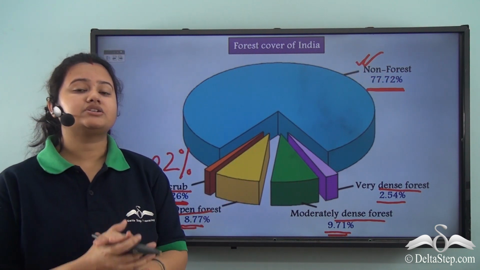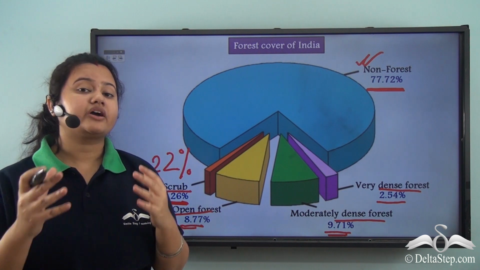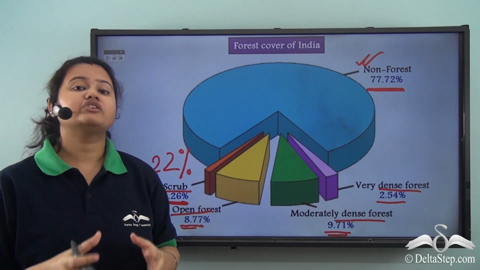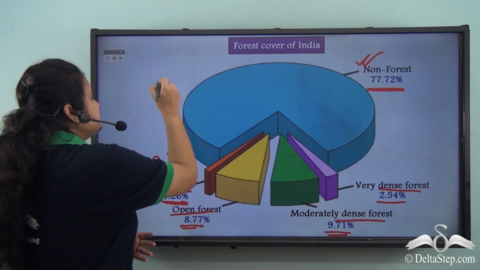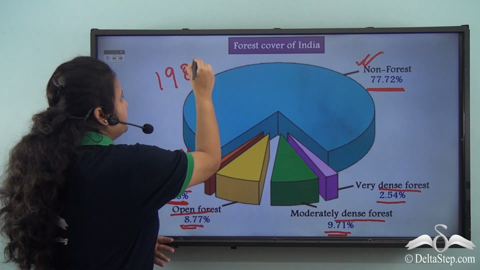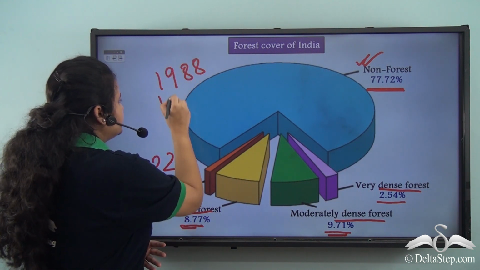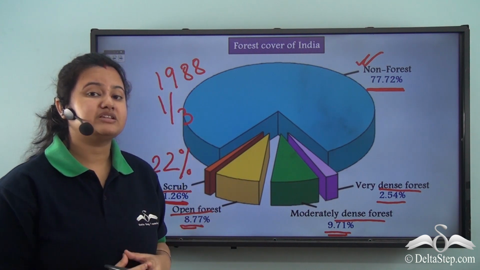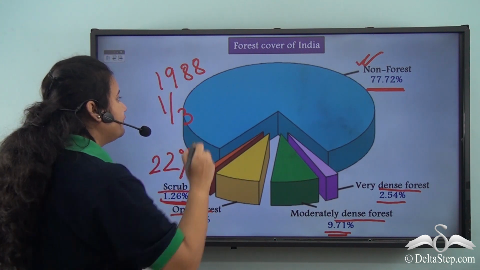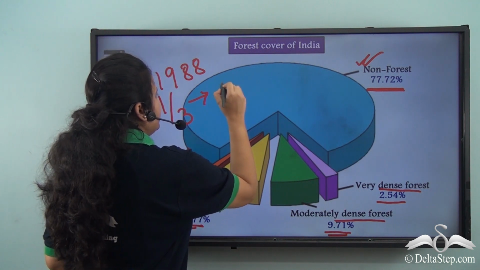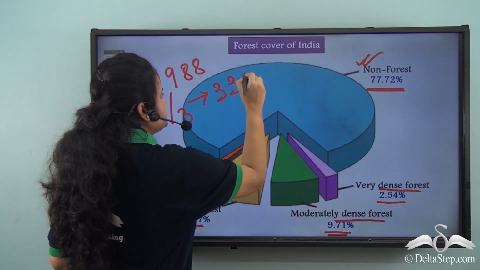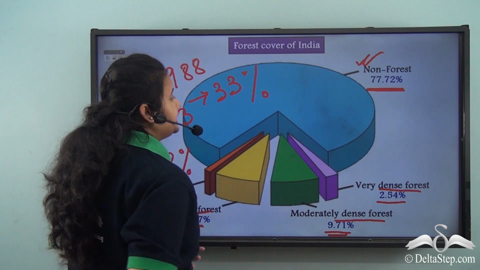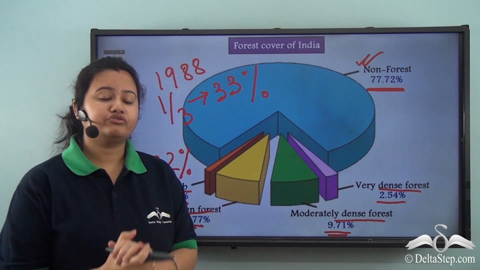Now this is a matter of concern because according to the National Forest Policy of 1988, at least 1/3 of the total land area of a country must be under the forest, or at least 33% of the total land area should be dedicated to the forest.